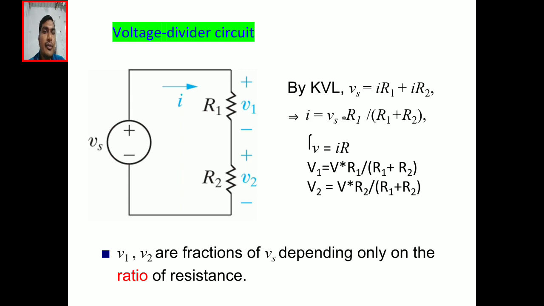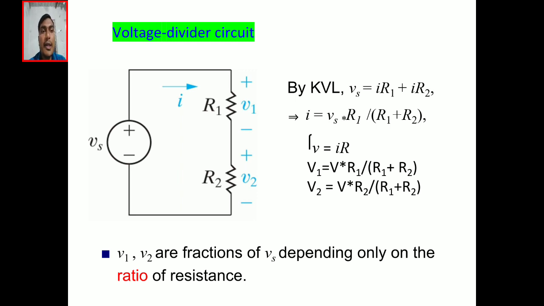From this we can easily say that if another resistor R3 is connected in series with R1 and R2, then the drop across R3 is V3 equal to V into R3 by R1 plus R2 plus R3.